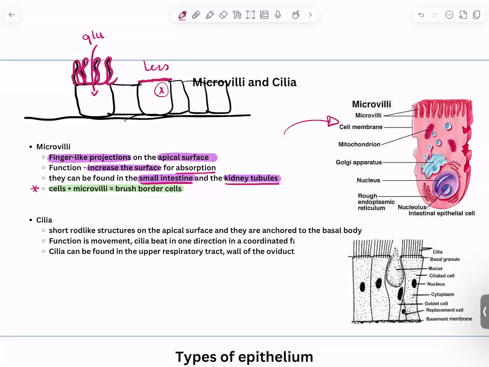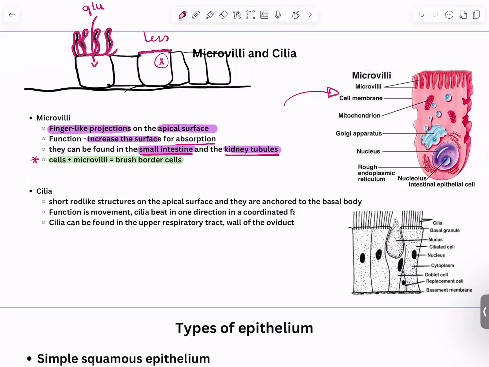Another thing is cilia. When we look at the cilia and compare the structure of the cilia with microvilli, we can say that the structure of the cilia is smaller, it's shorter. But again, they are on the apical surface, but there is a connection with the basal body, which is in the basal membrane of the cell.